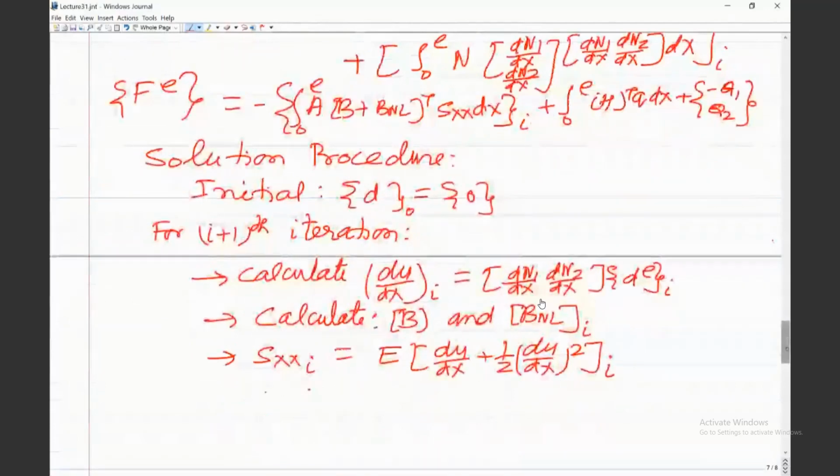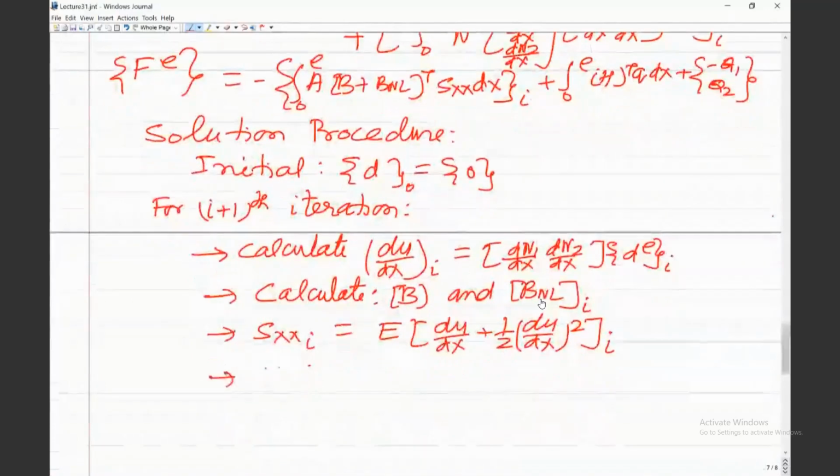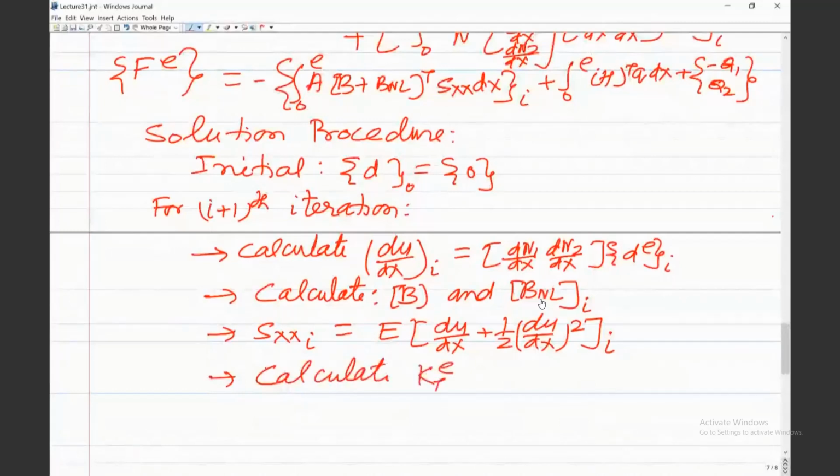And once you evaluate Sxx^i, then you calculate KT, the total tangent stiffness matrix. This KT is the total tangent stiffness matrix as I have defined already. For this problem you can do the direct integration because the gradients are constant within the element, so you can easily do the integration.